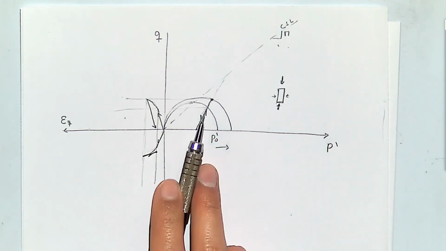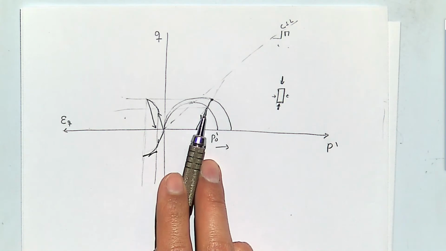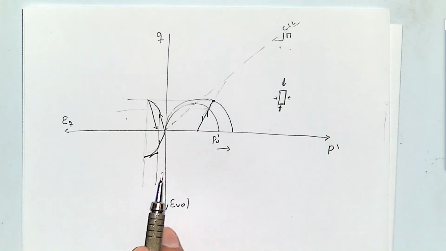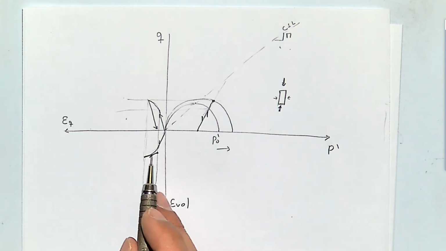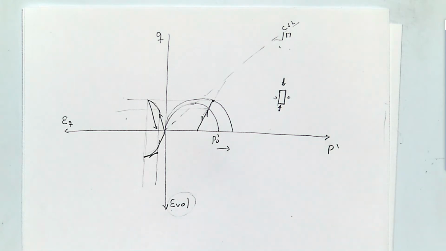So getting through the yield surface is going to cause a permanent deformation and a loss of porosity. Remember that this volumetric strain is going to be linked to porosity.